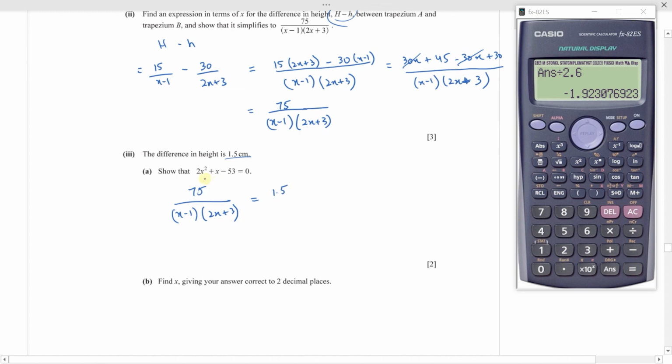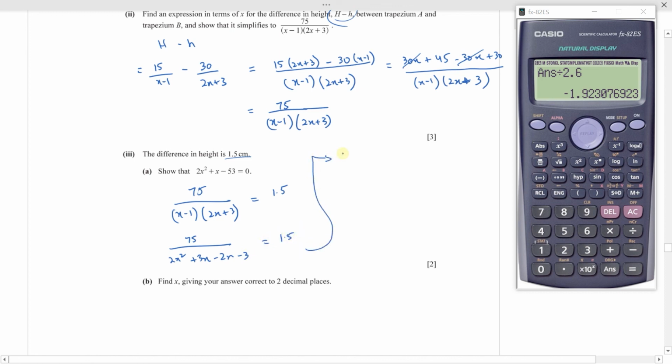So now you have to simplify and show that this equation can come down to the equation given in the question. So first, let me open the brackets in the denominator here. I will get 75 over 2x squared, x multiplied by 3 plus 3x, this minus 1 minus 2x, and then minus 3, equals 1.5.